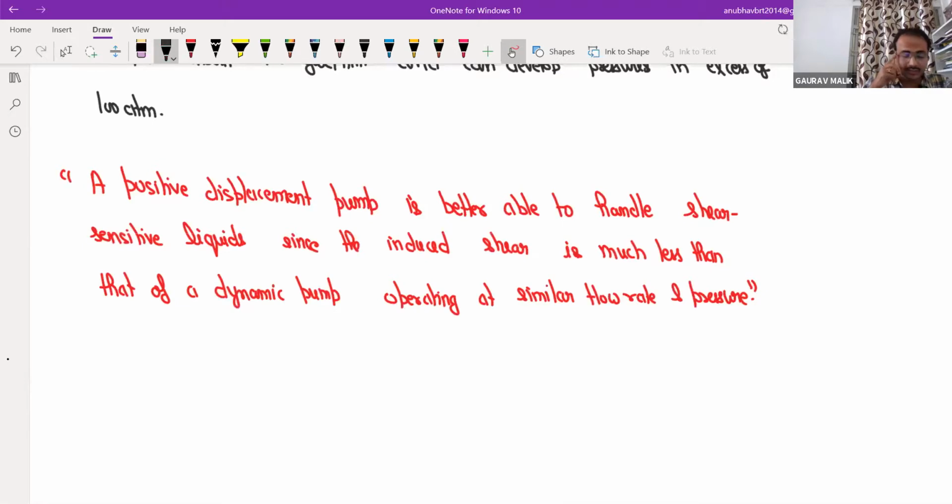As we know that blood is a shear sensitive liquid, this is one reason why positive displacement pumps are used for artificial hearts.